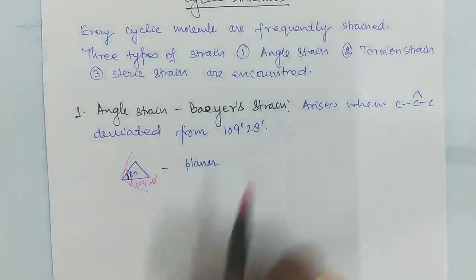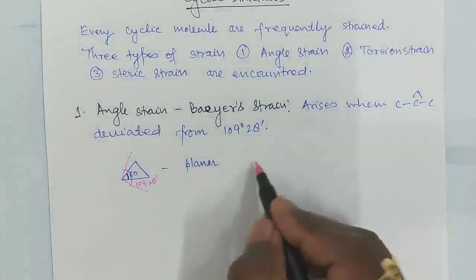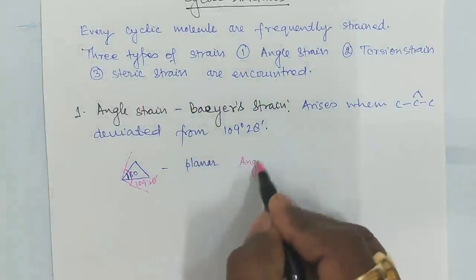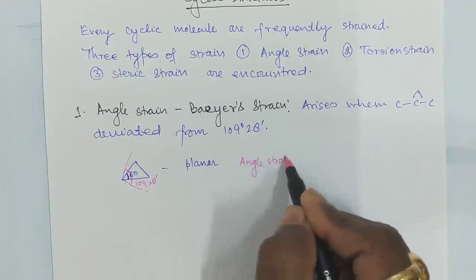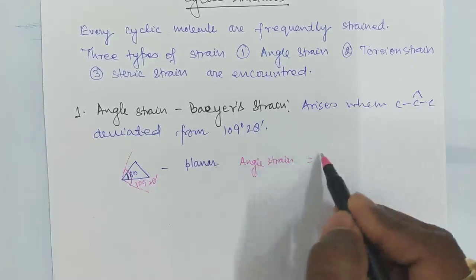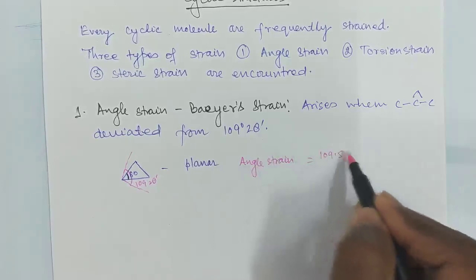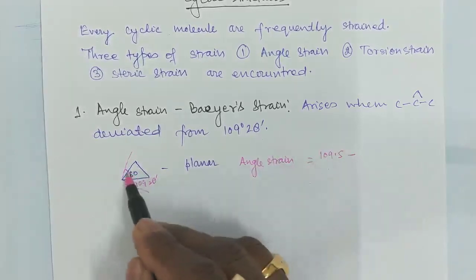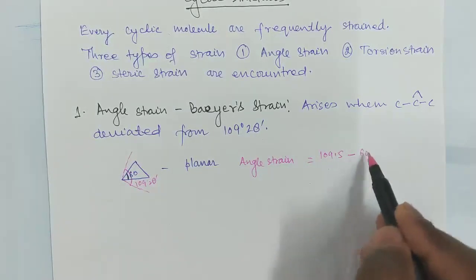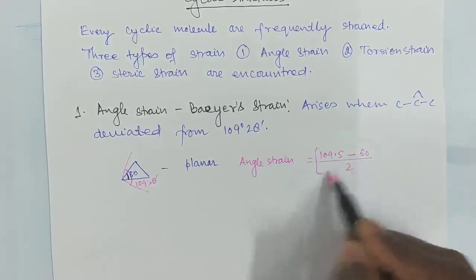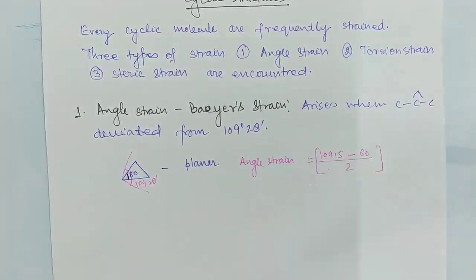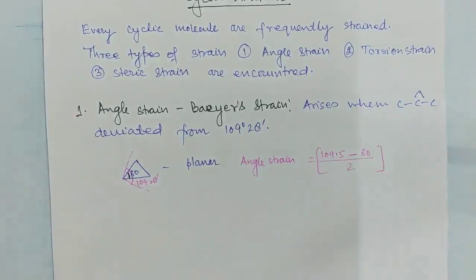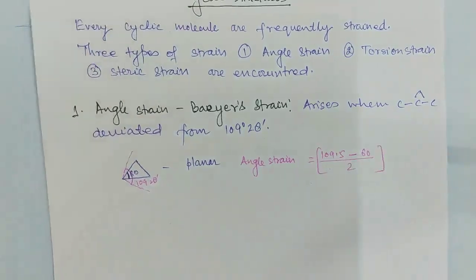So how much deviation is there? The angle strain is the normal bond angle 109.5 degree minus the bond angle here, 60, divided by 2. So there is a large angle strain in the cyclopropane molecule, right?